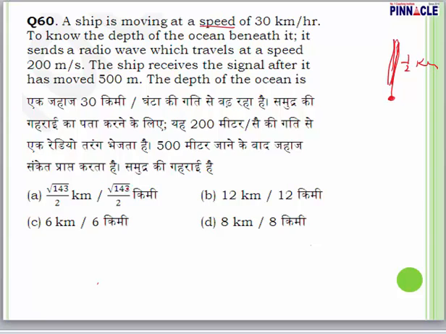Answer is in kilometer. It would be easier, otherwise you can take also in meter if you feel comfortable. And this ship sends a signal which is traveling 200 meter per second. You can say 1/5 kilometer per second.